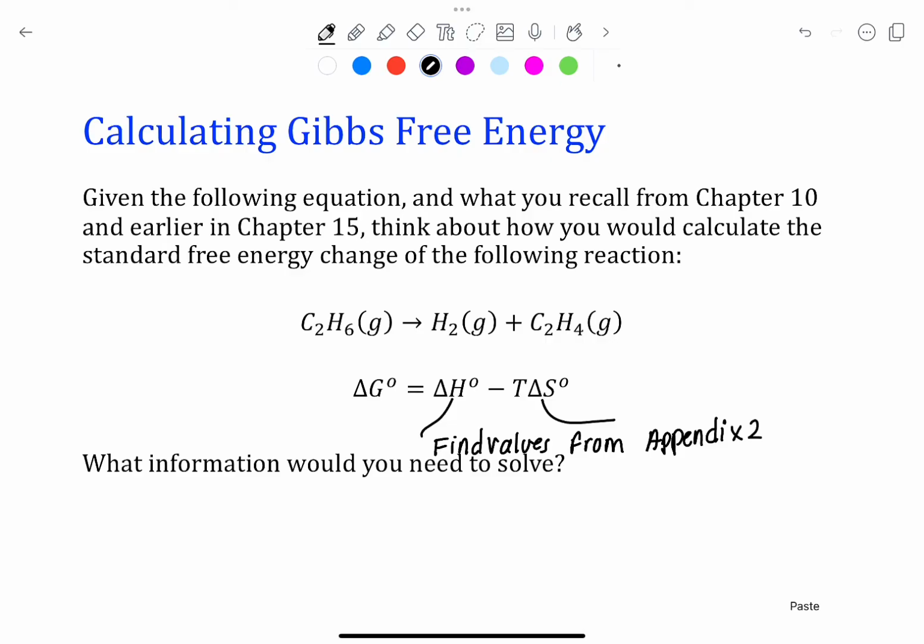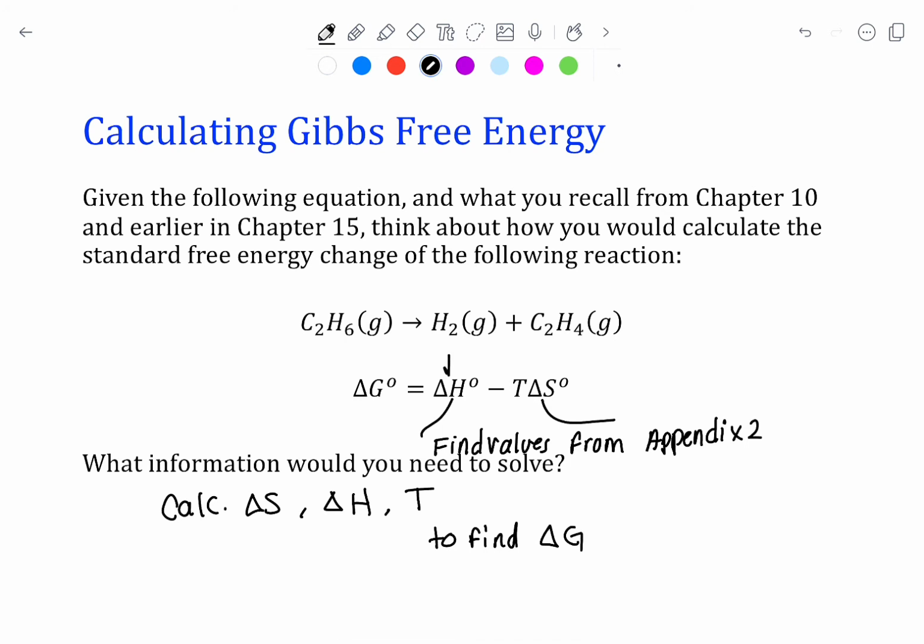And as long as we're given a temperature, we can use those to find our delta G. We've solved this before. We found delta H in chapter 10, and we solved for delta S earlier in chapter 15. So we're just bringing those two concepts together to solve for delta G.